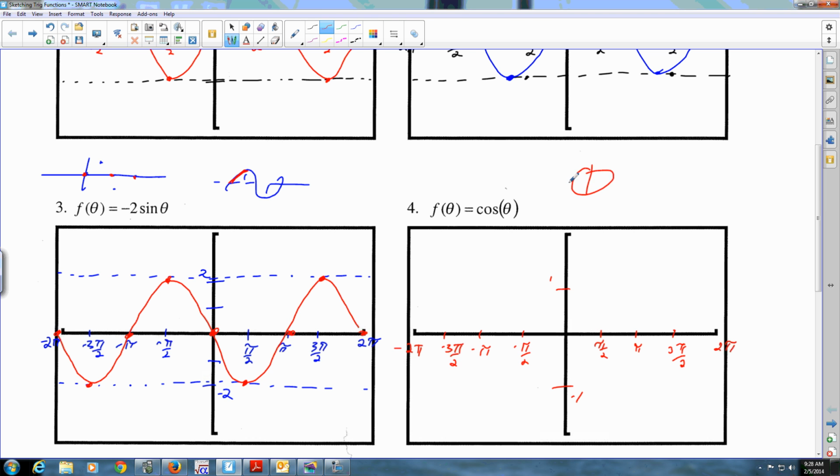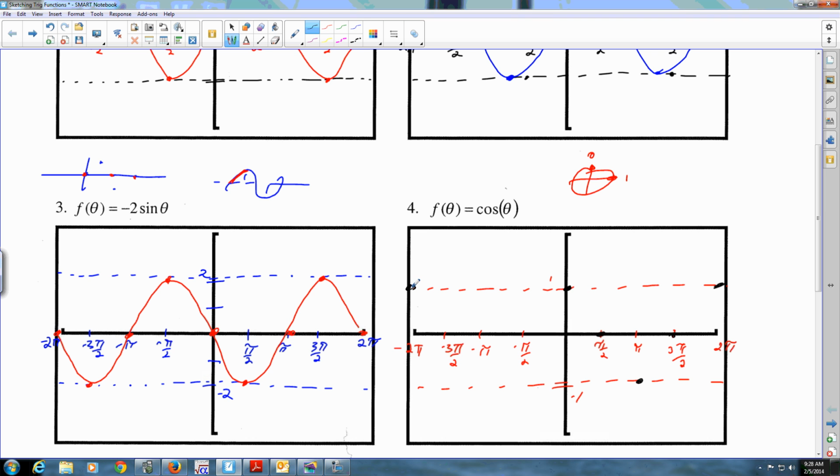Cosine, you're going to do the same four corners. Cosine starts at 1, goes to 0. You're going to trap it between the horizontal lines, just like we did for sine. All right, let me switch color. How about I go to black? Okay, you're going to start at 1, go to 0, go to negative 1, go back to 0, go back up to 1.